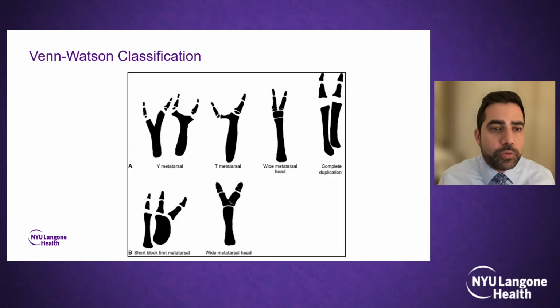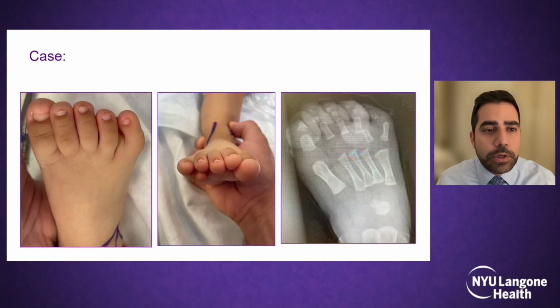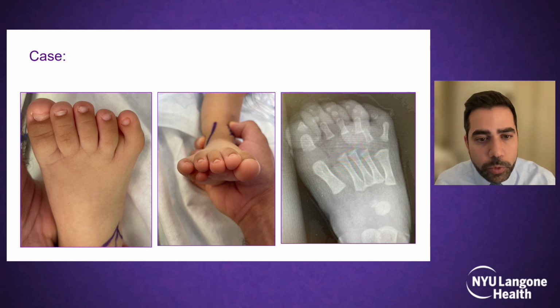And so this is the well-known Van Wasten classification, and it's usually used to describe the source of the deformity. And so here's an example. And sometimes it's a little bit challenging, like which toe needs to go, right? Is it the toe that's sort of plantar flexed over here, or is it the sixth toe, the more lateral one? It seems like that over here, the sixth toe kind of lines up with the rest of them.